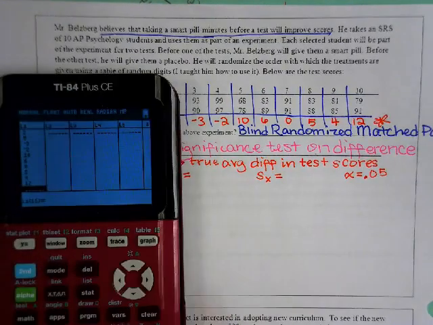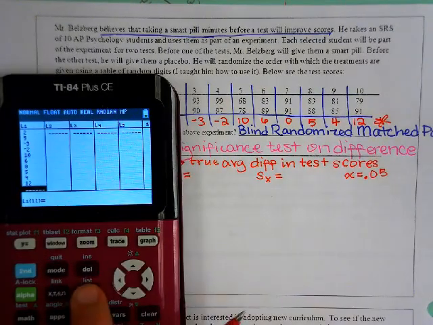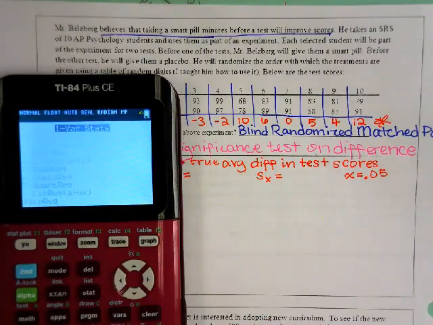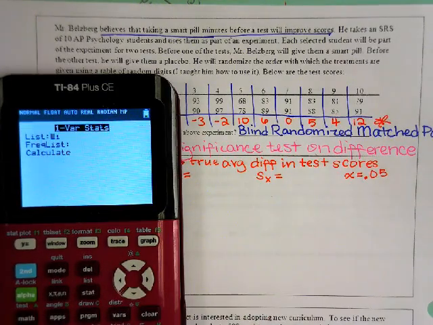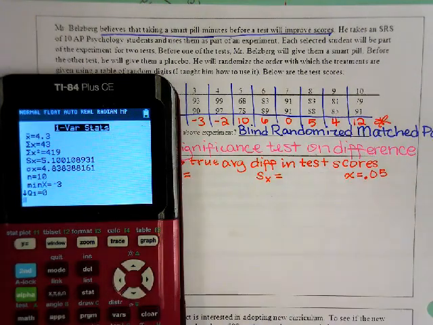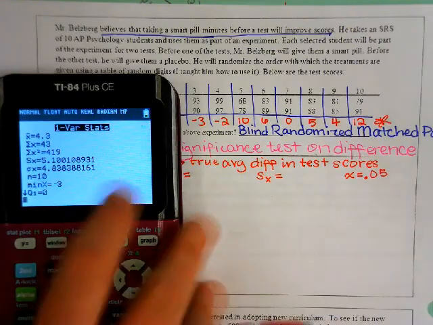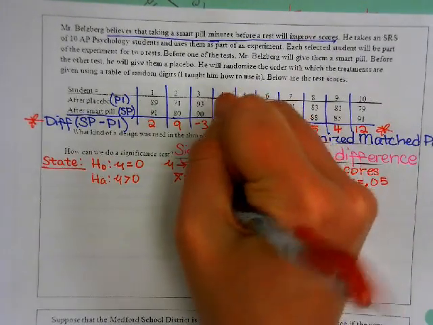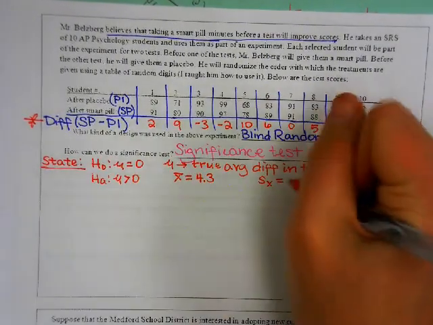Mine is list 1. So stat, calc, 1-var stats. List 1, frequency list should be empty. And then you're going to calculate. And we get an average of 4.3 and s sub x of 5.1. Any questions on the state?